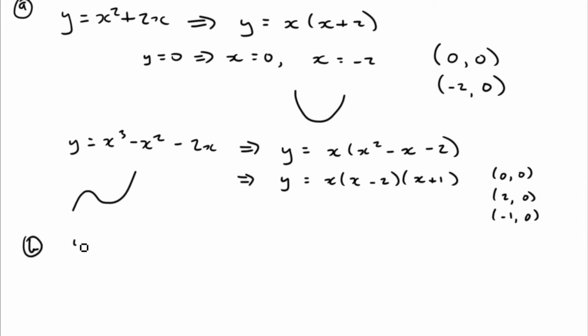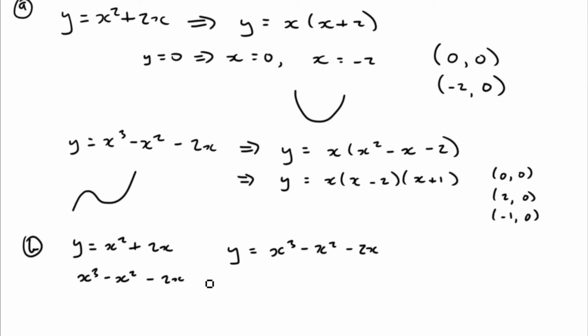If we have the curve y is x squared plus 2x and the curve y is x cubed subtract x squared subtract 2x, then at the point of intersection we will have x cubed subtract x squared subtract 2x is the same as x squared plus 2x.